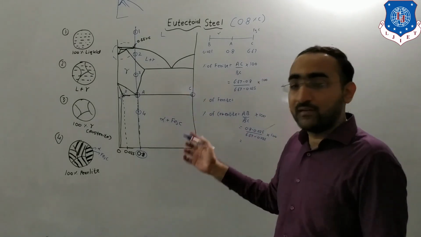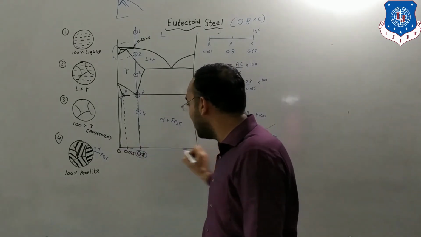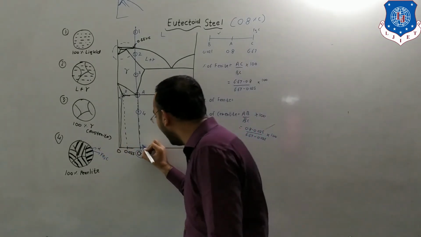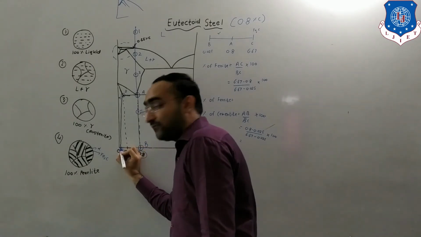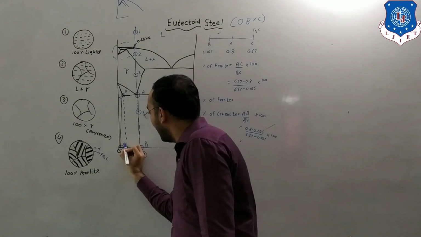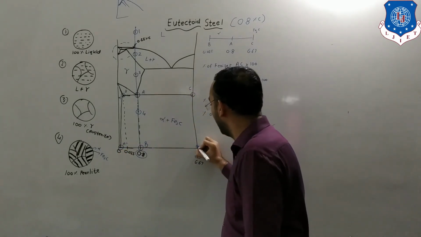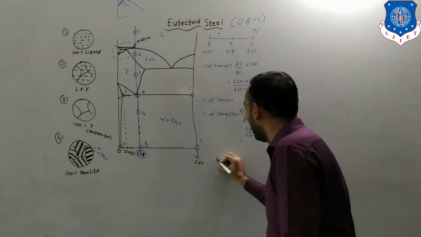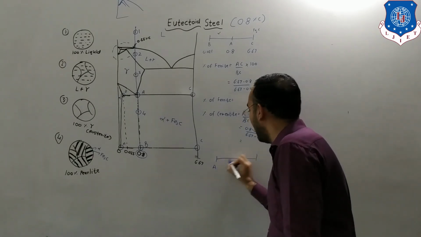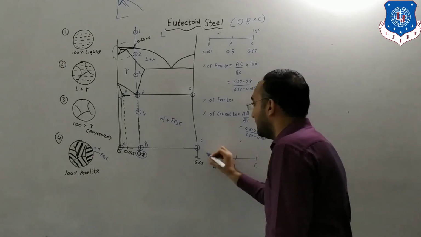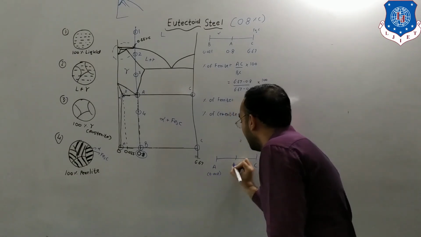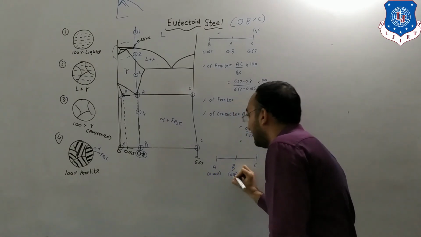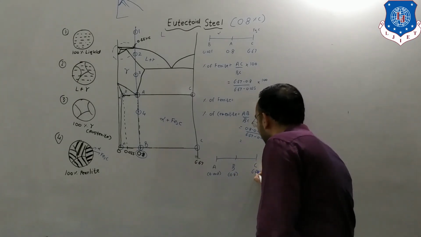Now, the same way we can also do this for room temperature, taking this point as A because alpha is present over here, this point as B, and this point as C. So for room temperature it will become A, B, C. A lies at 0.008, B lies at 0.8 and C lies at 6.67.